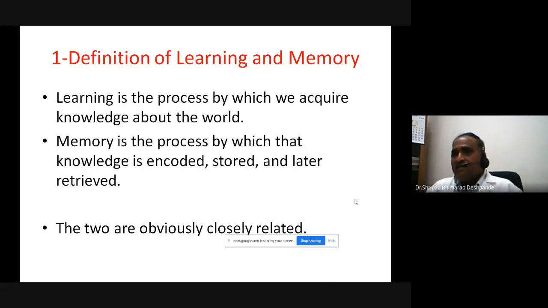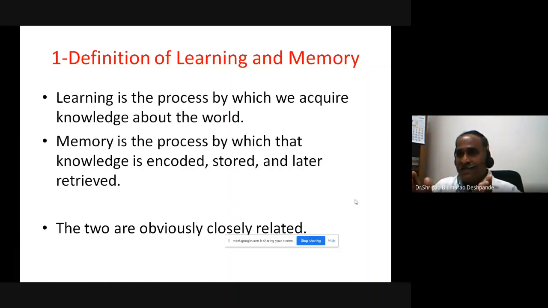Memory is the process by which knowledge is encoded, stored, and retrieved as required. That means one is acquiring, another is putting it in a coded form and storing, and then retrieving it as and when required.